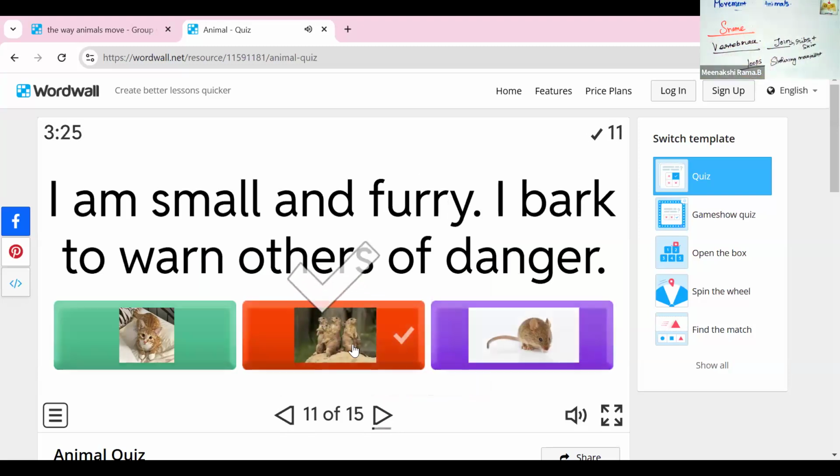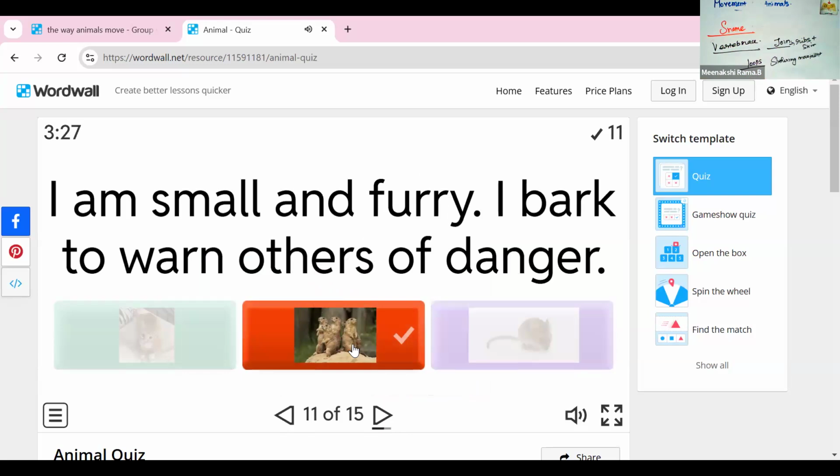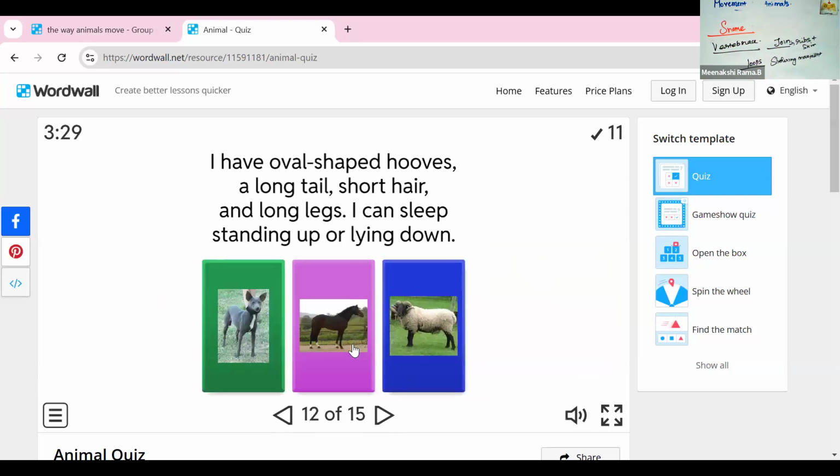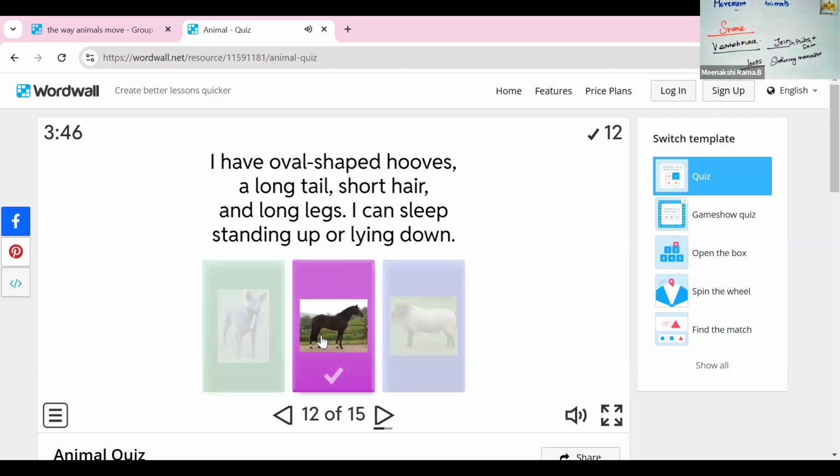Yes, the small one in the center. And next one: I have oval-shaped hooves, a long tail, short hair and a long neck. I can sleep standing up or lying down. Yes, horse is the right answer for this question.